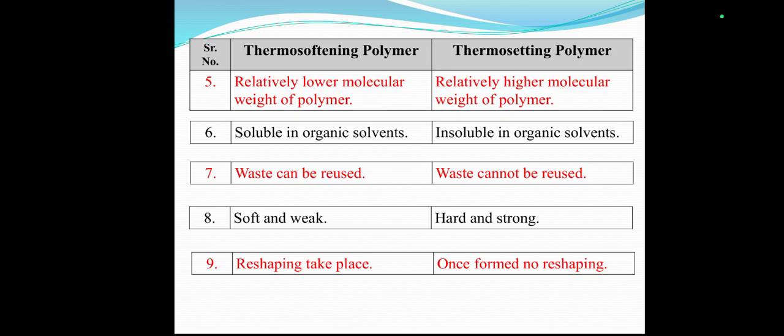And the last point: in thermosoftening polymer, reshaping can take place, meaning you can change the shape of the material again and again, as we know that softening type polymer becomes soft on heating and hard on cooling. That's why we can do reshaping. In thermosetting, we can't do reshaping because once formed, no reshaping, since there is no effect on heating and no effect on cooling.